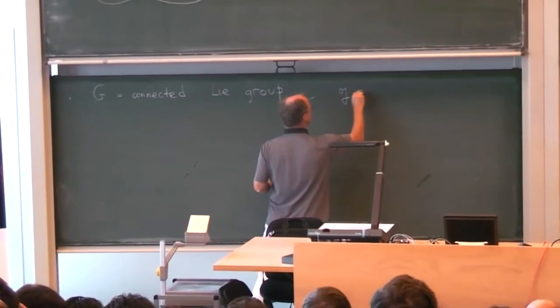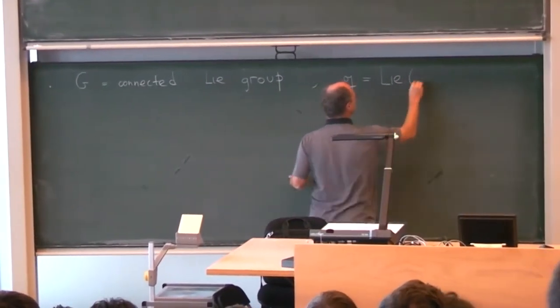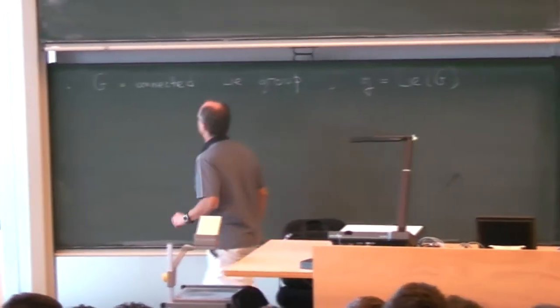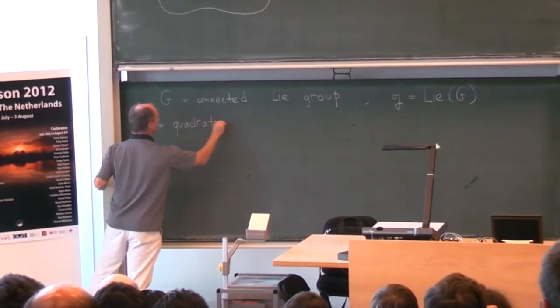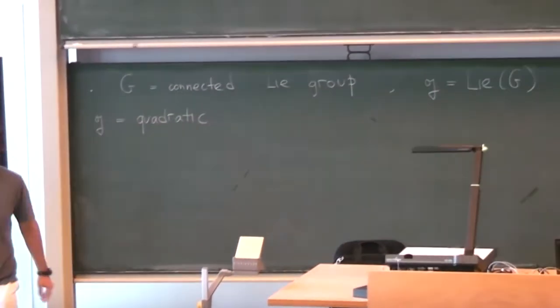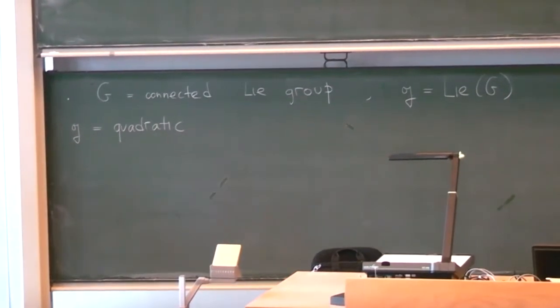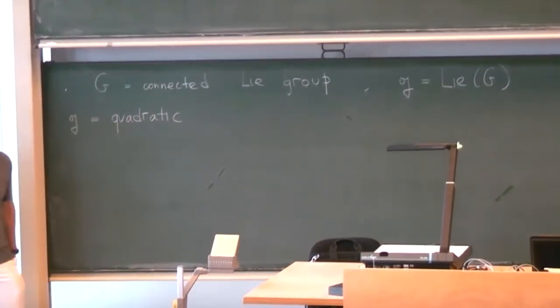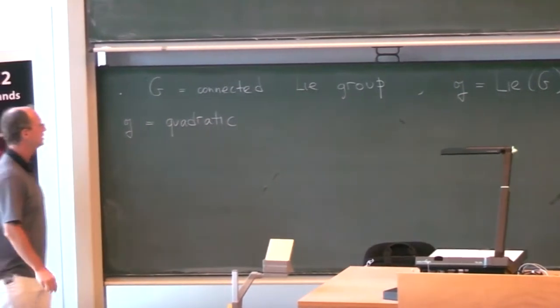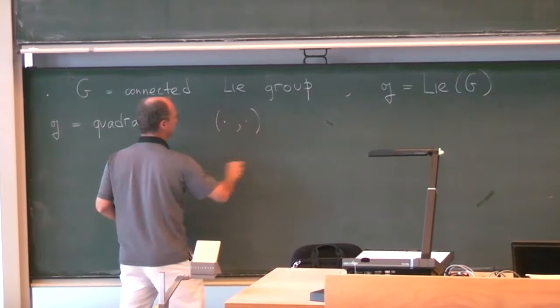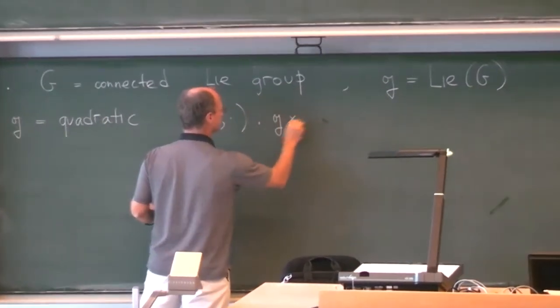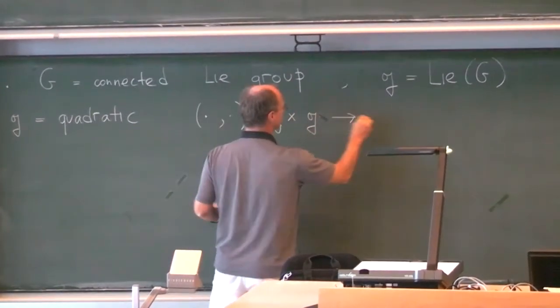As yesterday, let's denote by calligraphic G the Lie algebra of G, and we need it to be quadratic, or sometimes, well, the terminology is not uniform. Sometimes people say quadratic, sometimes people say metric Lie algebra. But the point is that we need an invariant scalar product.